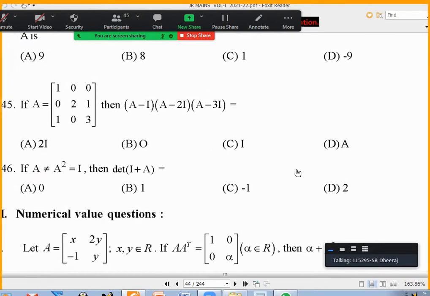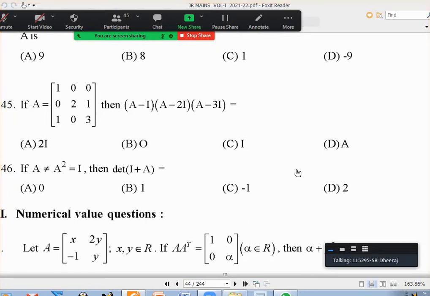Maybe you don't remember: characteristic equation, determinant of A minus lambda I. You remember anything like that? I'll check my notes, sir. Have you missed any classes recently? No, sir, that's what surprises me.